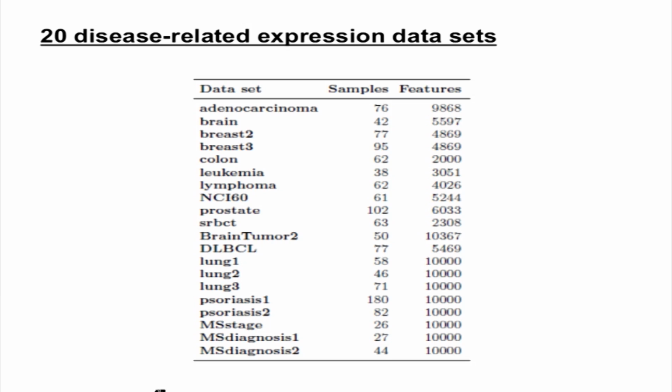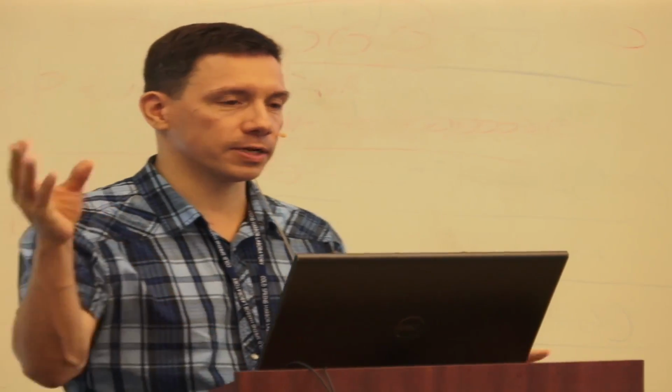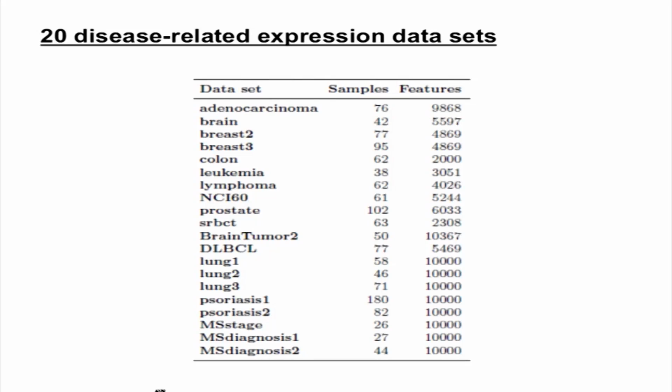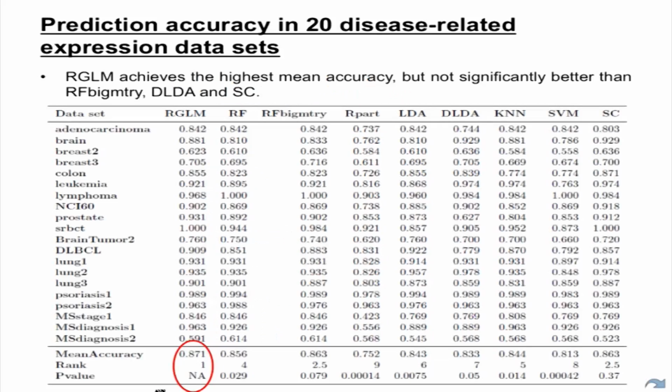All of these data sets actually have relatively few human subjects, low sample sizes, and the features, we often restricted it to maybe 5,000 genes or so. And when we then looked at the prediction accuracy of all of these methods in these data sets, here's a long table, but here's the mean accuracy.